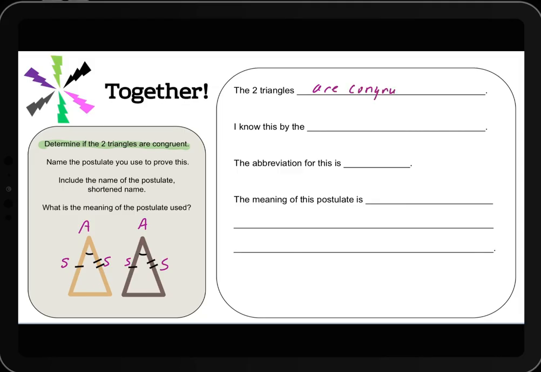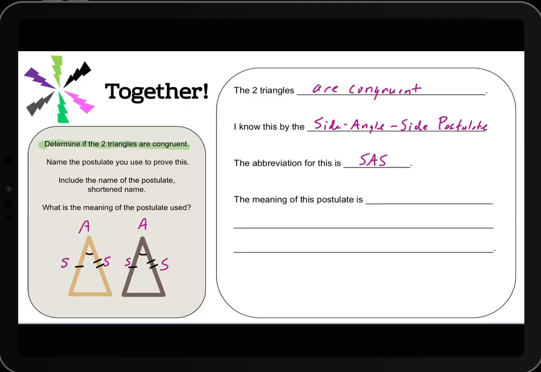And the reason for that, the postulate for that, we have the side, angle, side postulate. So that would be SAS. So from there, we can give our justification for why those happen to be congruent to each other.